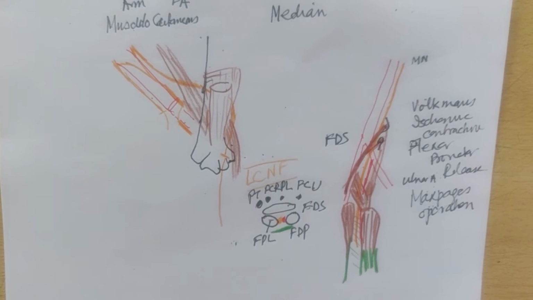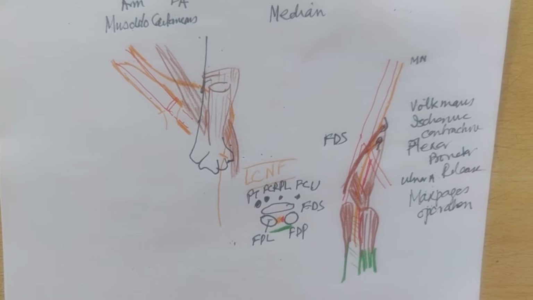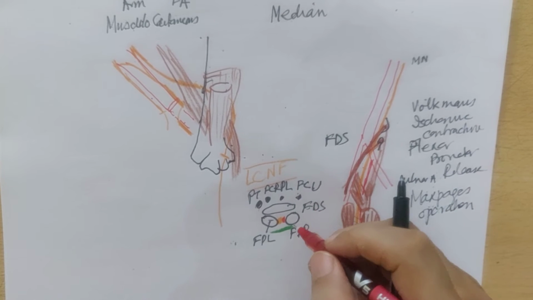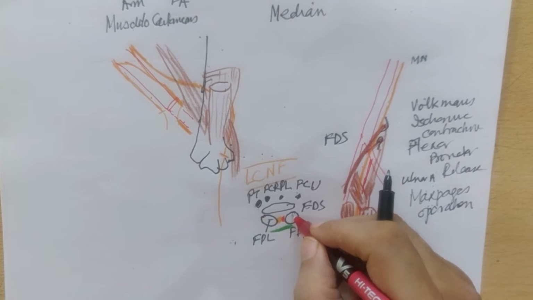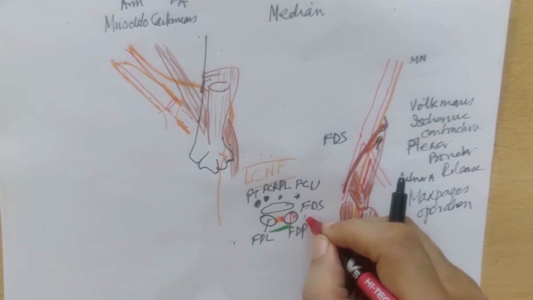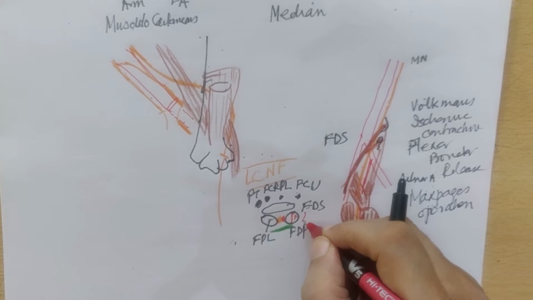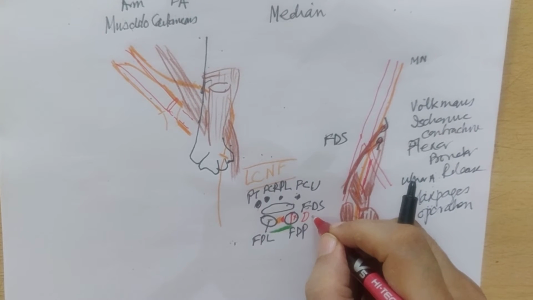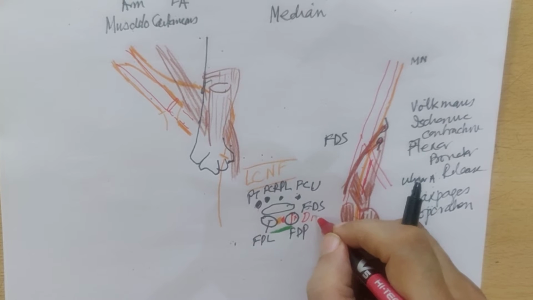Now it passes in this, it supplies all these muscles except the medial half of the flexor digitorum profundus, and of course here will be the flexor carpi ulnaris.